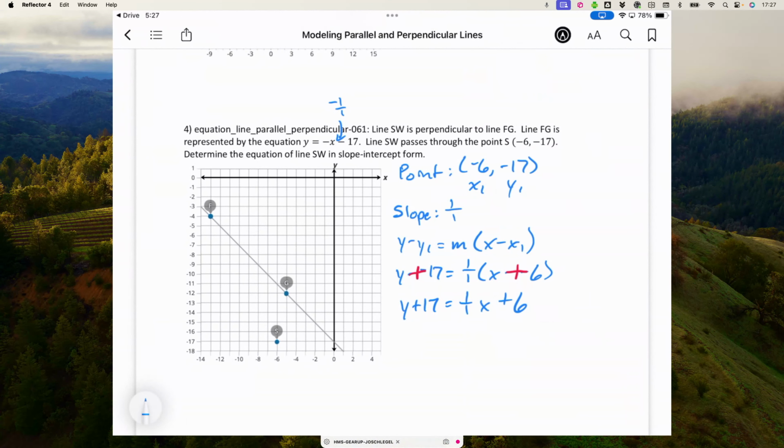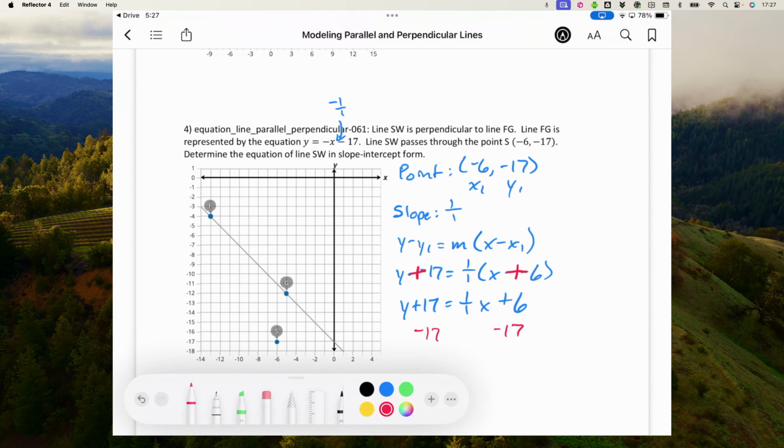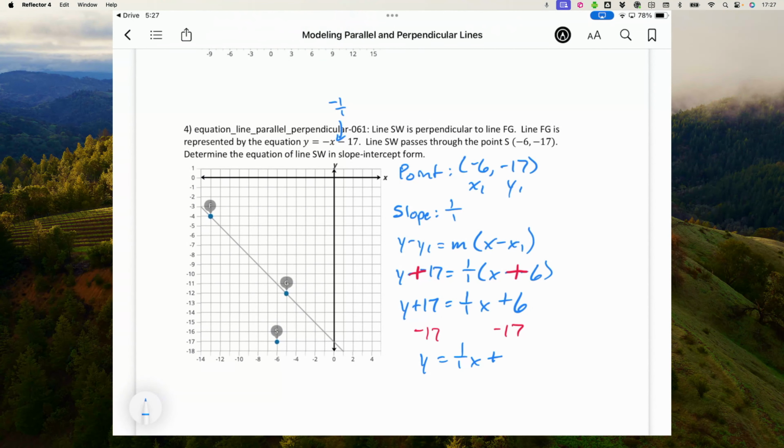There we go. Finishing this off, we are going to subtract 17 from both sides. Y is equal to 1 over 1x plus, I think that's going to be 11. No, negative 11. Negative 11.